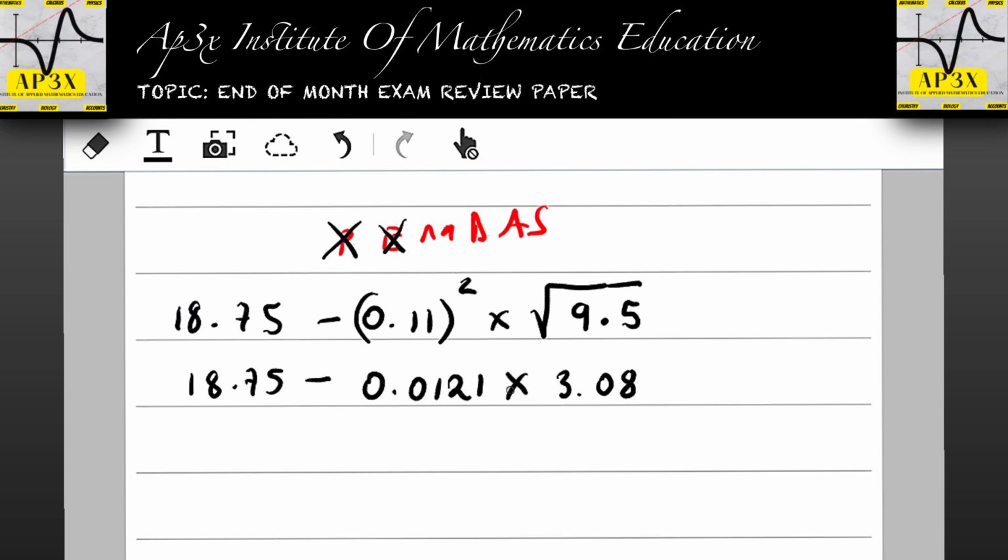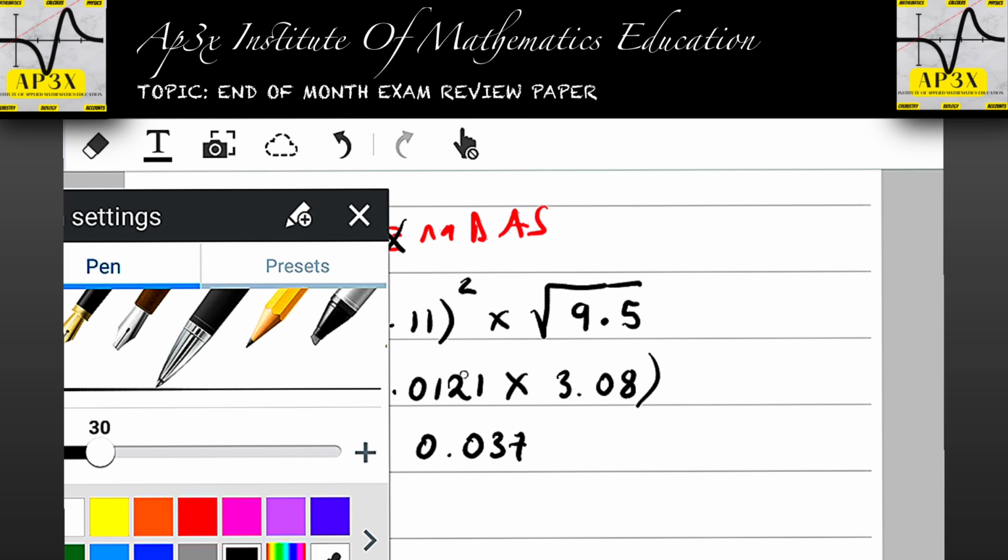We have 18.75 take away the result of this multiplication, where I multiply 3.08 by 0.0121, and I end up with 0.037. So you must multiply before you subtract. Many of my students made a huge error in subtracting before they multiply.